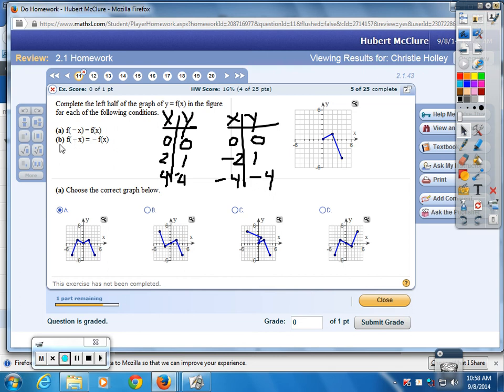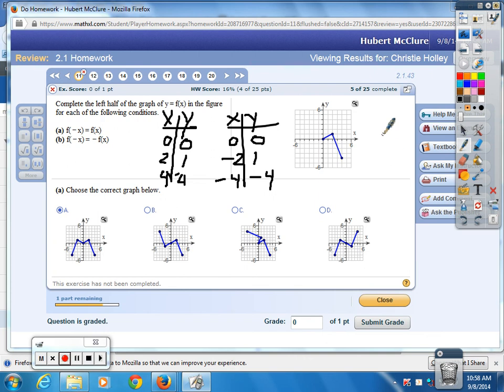Okay, f of negative x, that's this right here, is equal to negative f of x. What's another word for that? Negative f of x. If the negative is in front of f of x, what does that mean? This means negative y, right? So for each of 0, 2, and 4, take the negative of each of these.